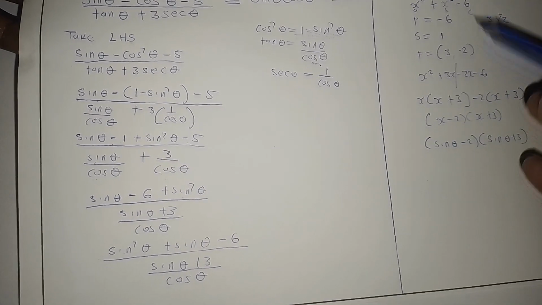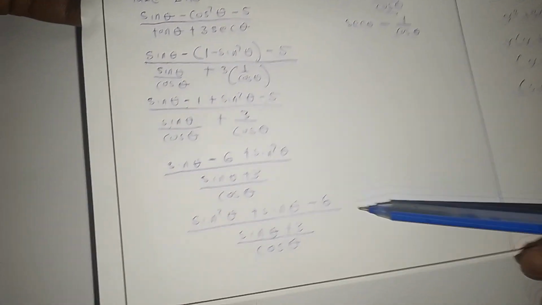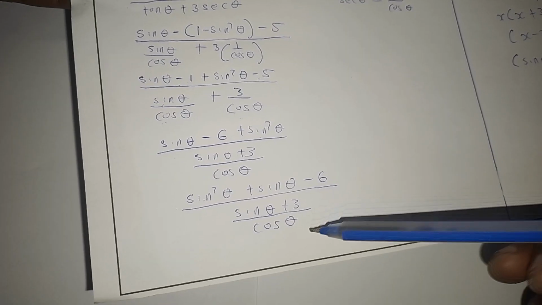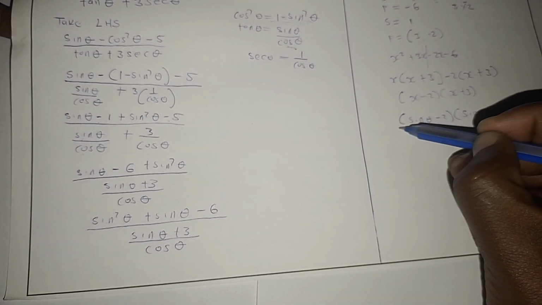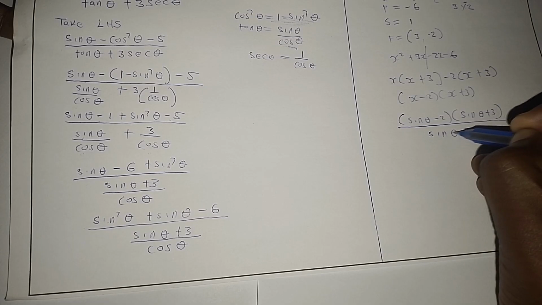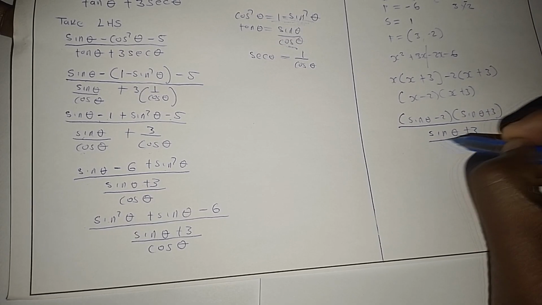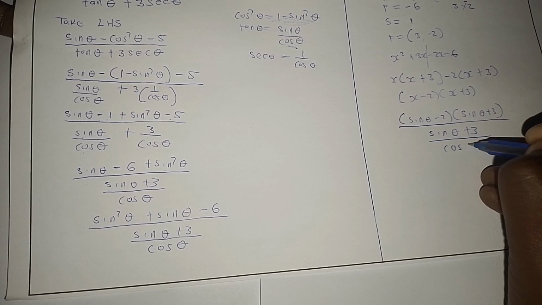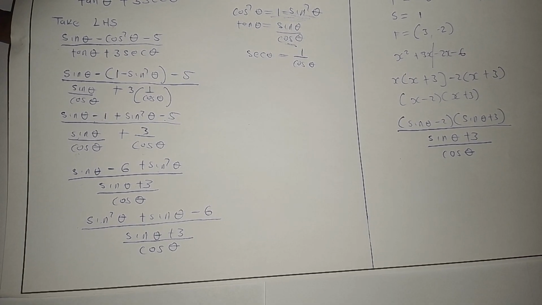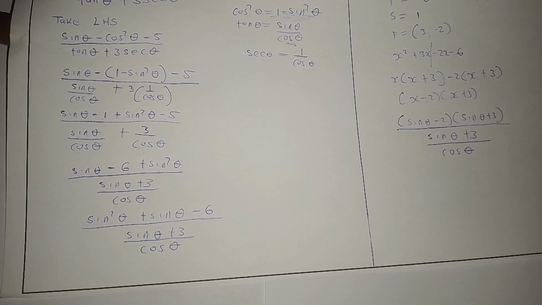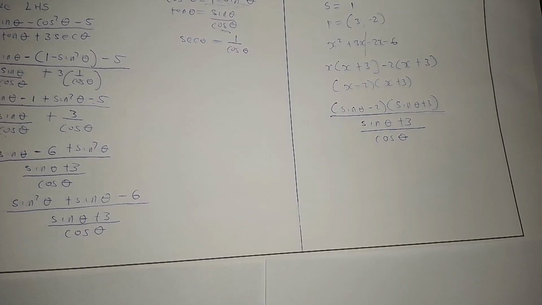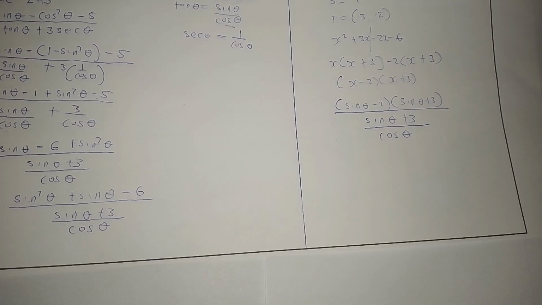Remember that in the quadratic there is a numerator, which is sine theta plus 3 over cos theta. So we are going to bring back the denominator, which is sine theta plus 3 over cos theta. You see that? Now when it is like this, we are going to use the law of reciprocal.